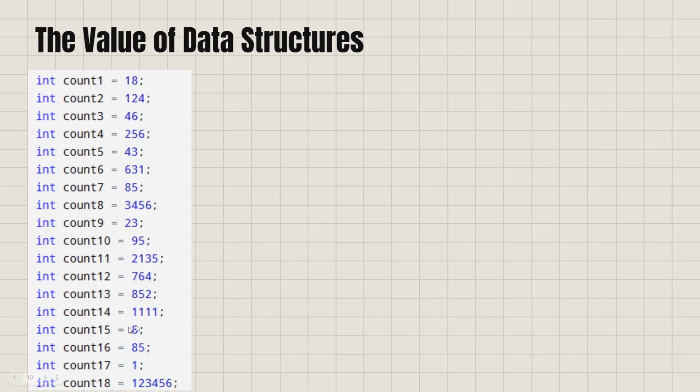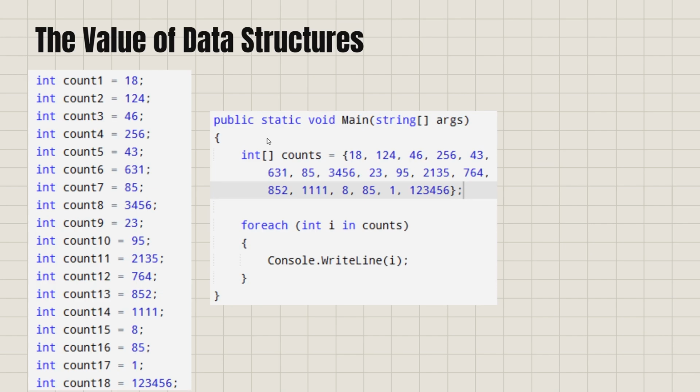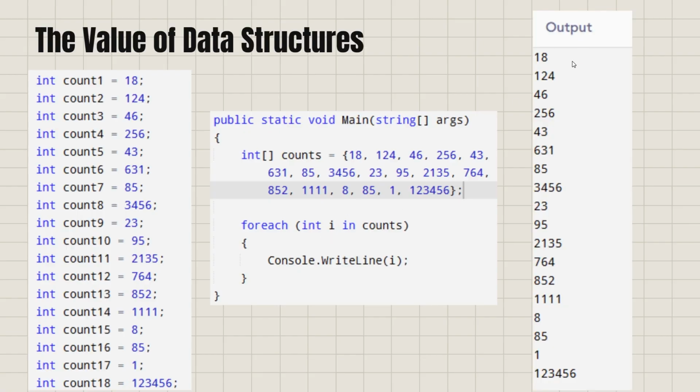Let's take this example of all the 18 different counts we had in the previous slide. If you use a data structure like an array, it takes these 18 lines of code and simplifies them down to one. Here we're just creating an array of counts, and we have all these different numbers from over here. Instead of having 18 different Console.WriteLine statements, we can have one where we just go through this list of counts, pull each one out, and write it to the console, and it gives something like this.